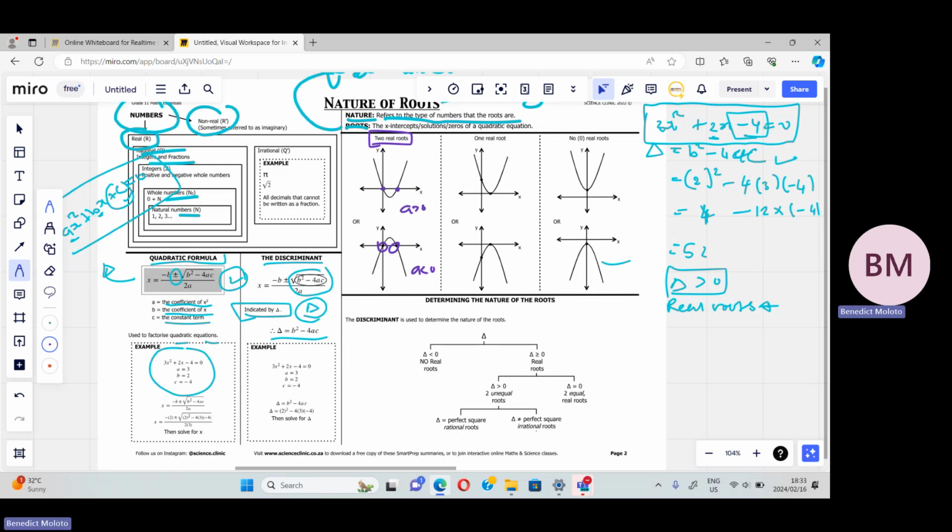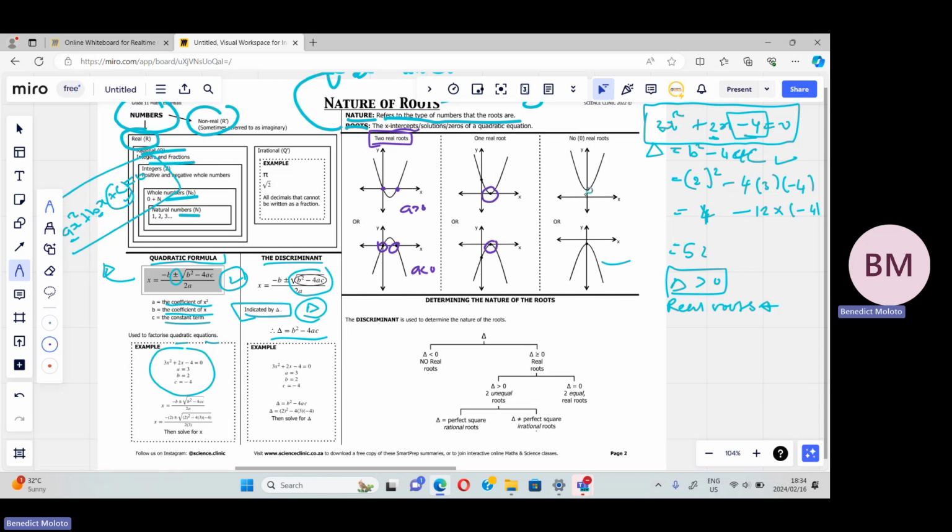Remember, the real root is there, but we'll be dealing with cubic functions. Those things you're going to learn more when you go to grade 12. So here, that one solution is only the x-intercept that we have. Remember, we said roots are the x-intercepts, or solutions, or zeros of a quadratic equation. Quadratic equation, parabola, right? So here, also negative, is one solution.